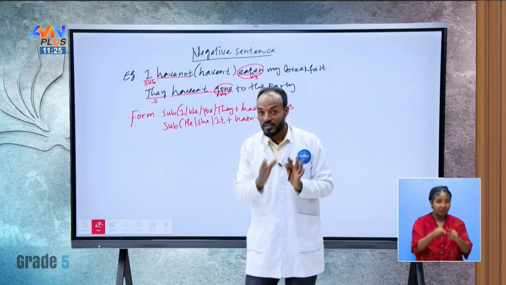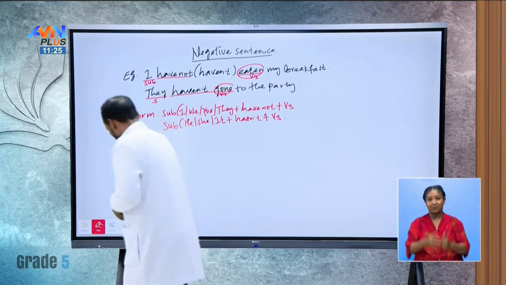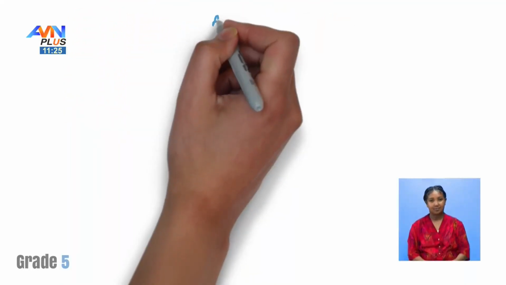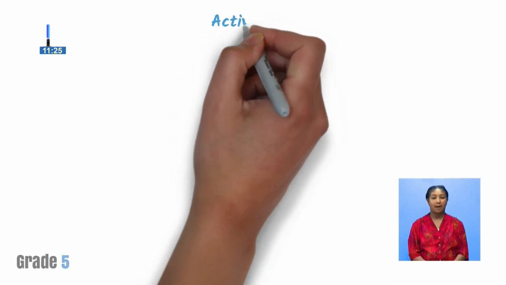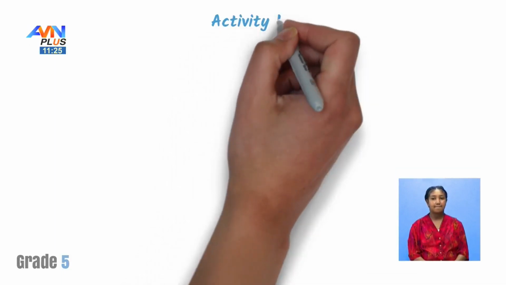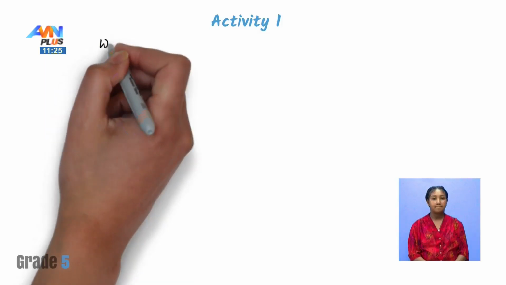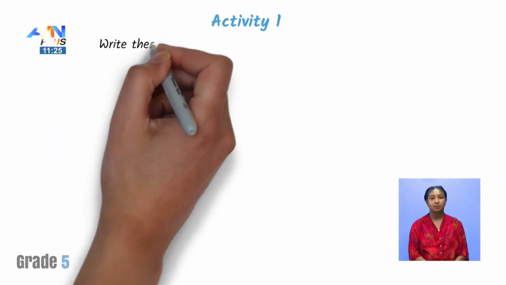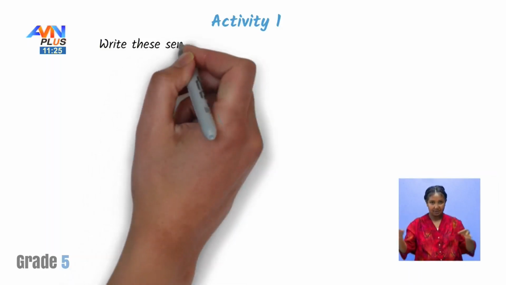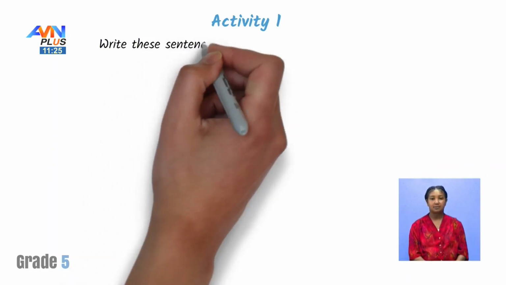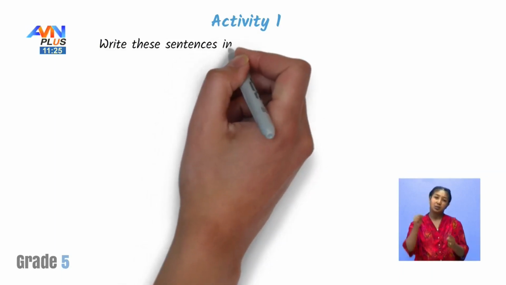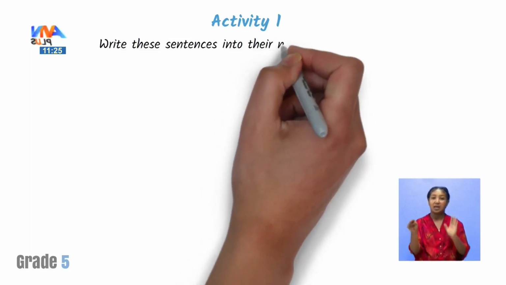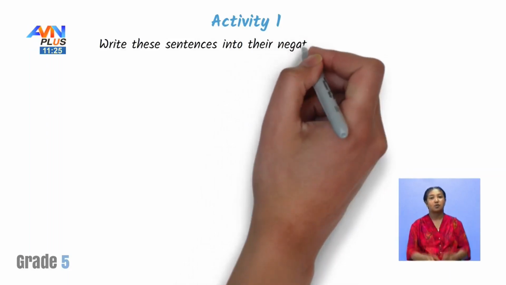Are you ready? Bravo. Okay. Now let me give you an activity. Activity 1. Write these sentences into their negative form.